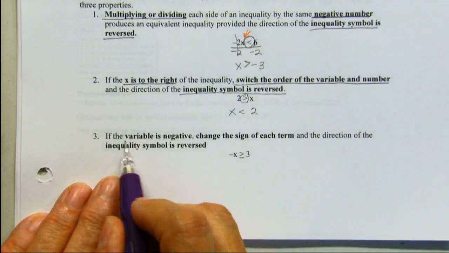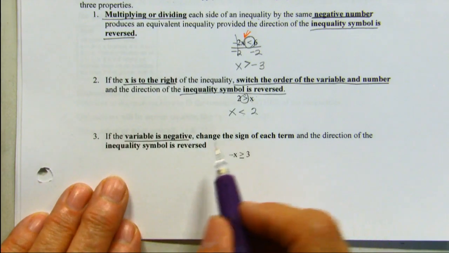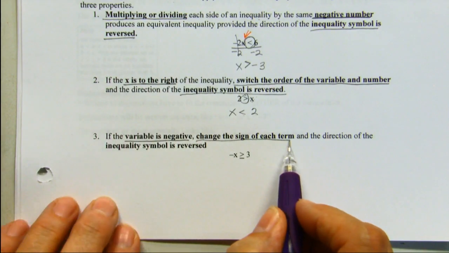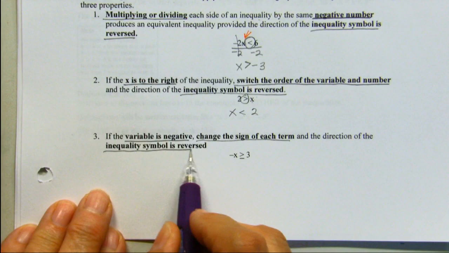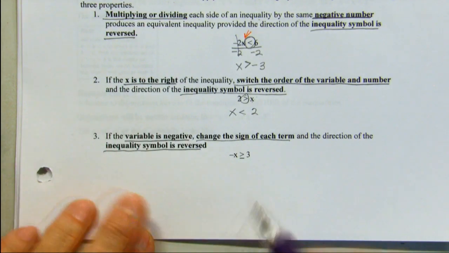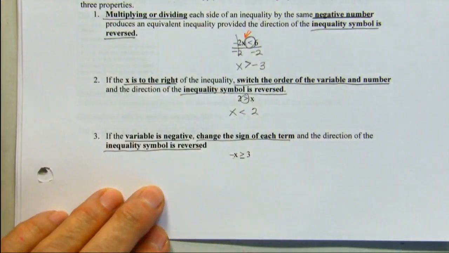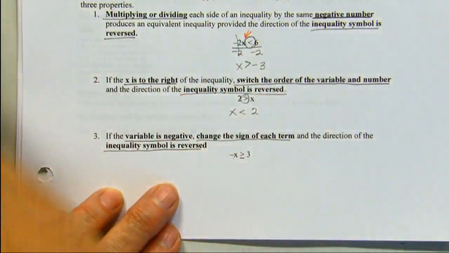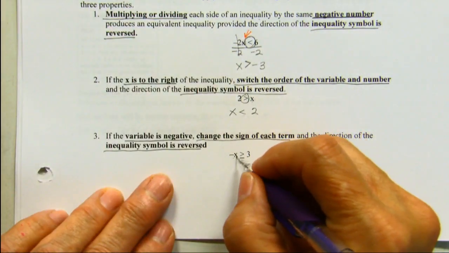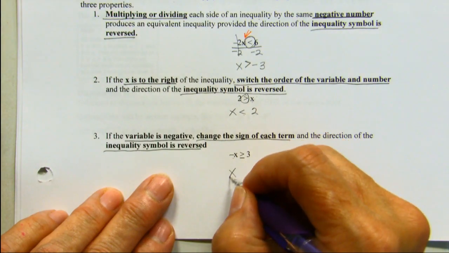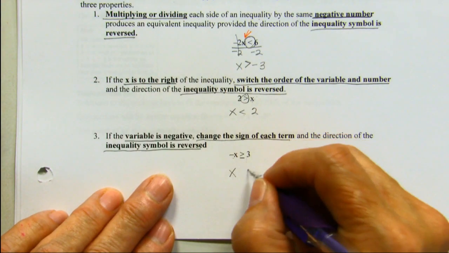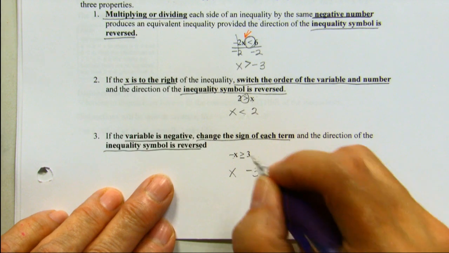Okay, if the variable is negative, change the sign of each term and the inequality symbol is reversed. Okay, your variables always need to be positive. So what I'm going to do technically, well, let me do this first. The opposite of -X is positive X. The opposite of +3 is -3.